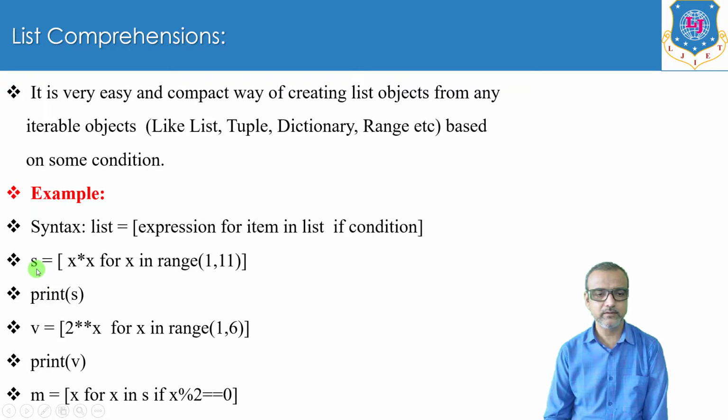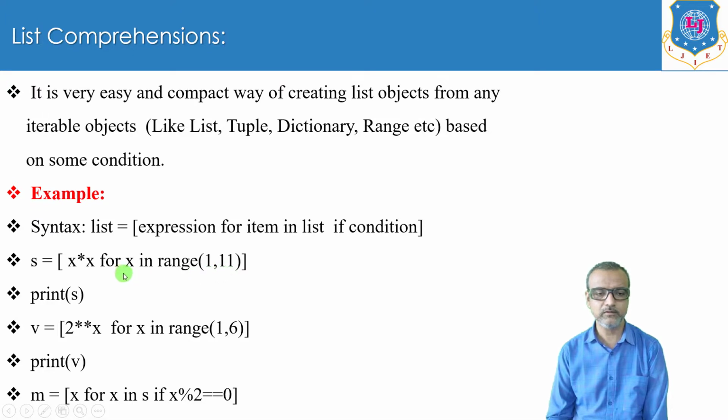See, here is the example. s equals to, in square brackets we have written x star x for x in range 1 comma 11. So what will this range function do? It will give us the values from 1 to 11 minus 1, so it will give us the values from 1 to 10.